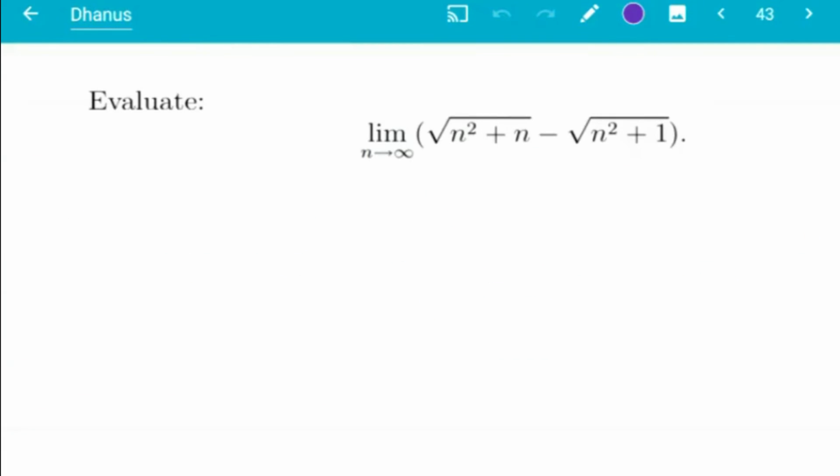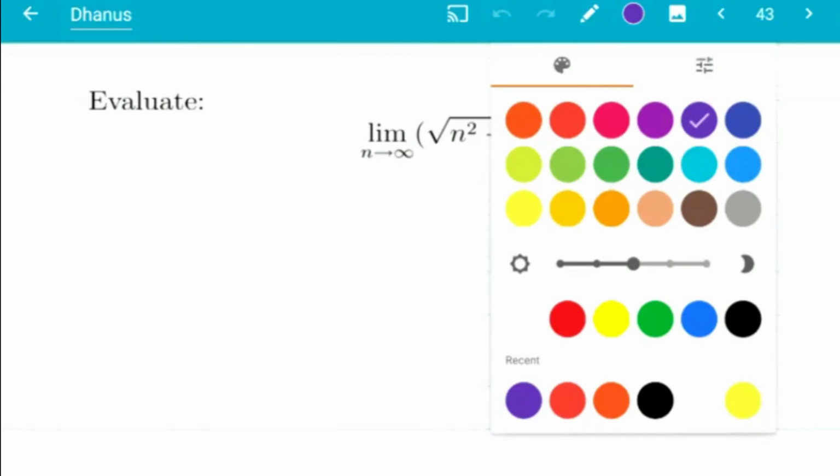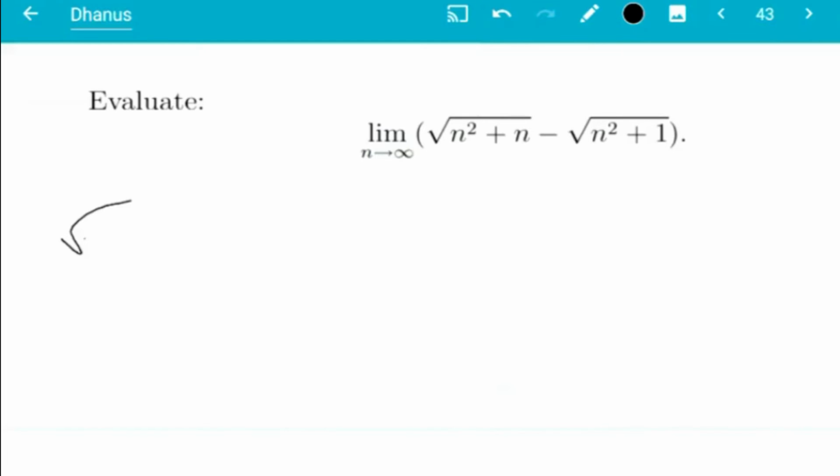In the next question, we have to find the limit of a sequence. Usually for doing these problems, we have to multiply with its conjugate. We are using the idea that a square minus b square is equal to a minus b into a plus b.